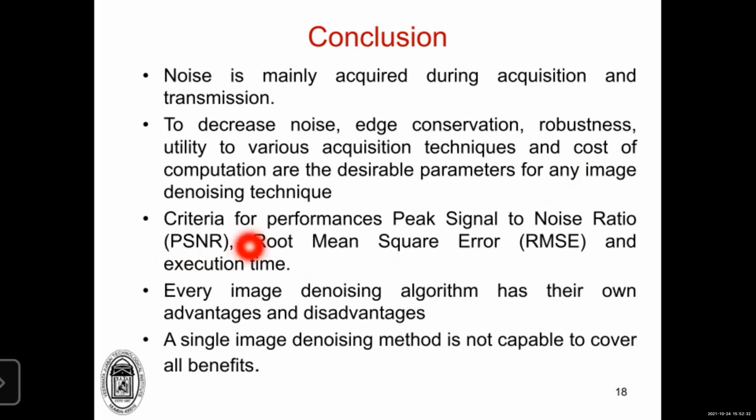The criteria for performance evaluation are PSNR, RMSE value, and the execution time. Every image denoising algorithm has its own advantages and disadvantages, so a single image denoising method is not capable of covering all the benefits.